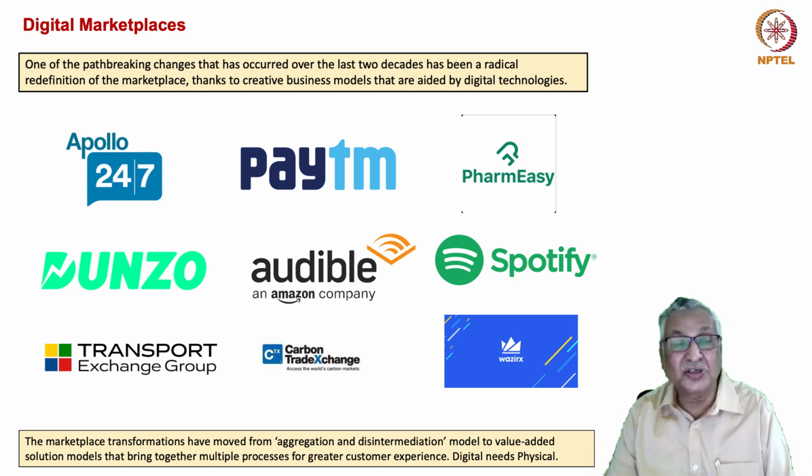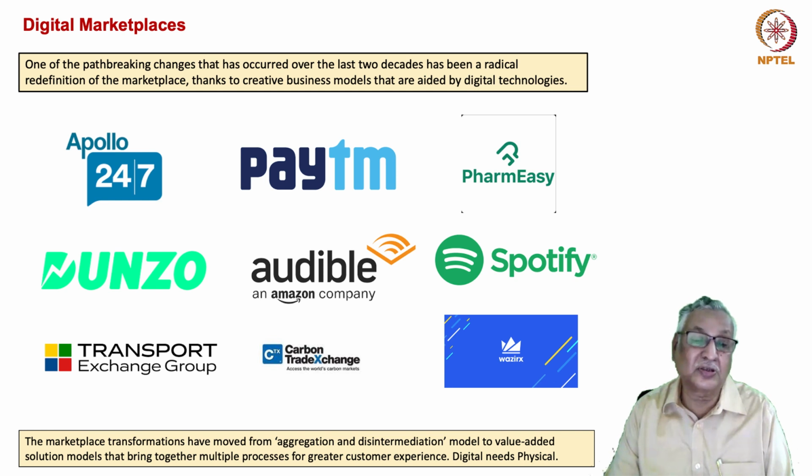Paytm, PharmEasy, Dunzo, Audible, Spotify, Transport Exchange Group, Carbon Trade Exchange, WazirX, which is the cryptocurrency marketplace. These are all digital marketplaces which have taken deep roots in the Indian economic system as well as the global economic system. So these marketplace transformations have moved from aggregation and disintermediation models to value added solution models.